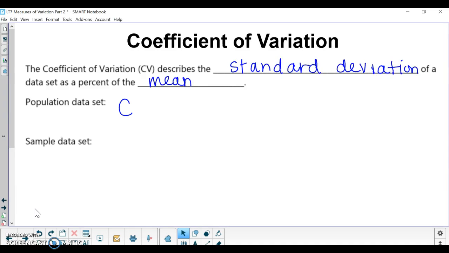So we say CV, and in subscripts we tell it what we're taking the coefficient of variation of. The symbol for standard deviation of a population is the lowercase sigma divided by your mean, that's mu, and then multiply it by 100 to get it as a percentage.